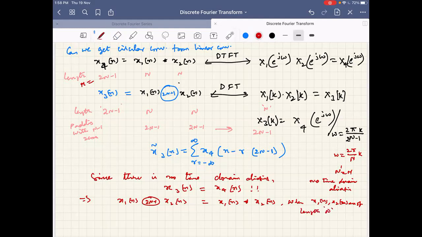Length n. So to conclude this discussion, let us write the general case.